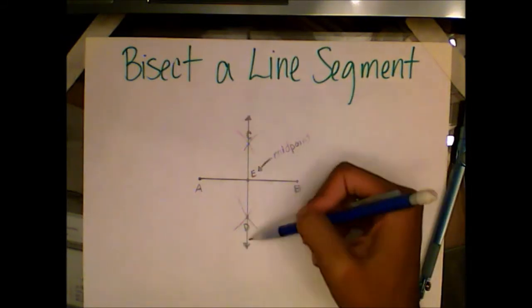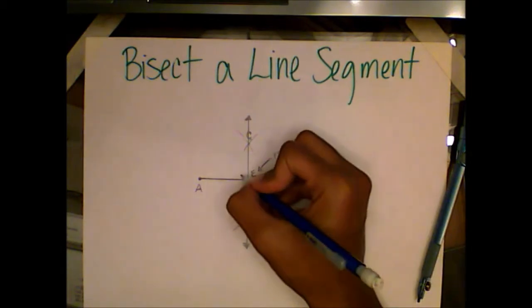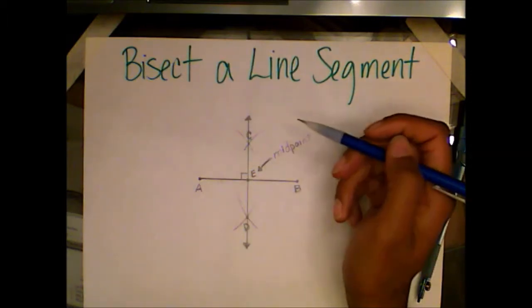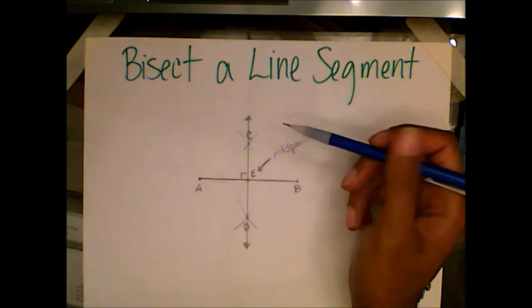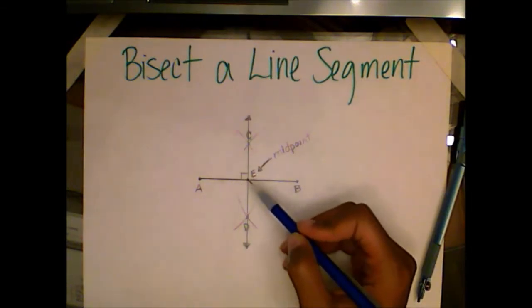Since this line segment and this line are perpendicular to one another, we can go ahead and put the right angle. Remember, the definition of perpendicular is two lines, or two line segments, or a line and a line segment, that intersect, and at that intersection they form a right angle.